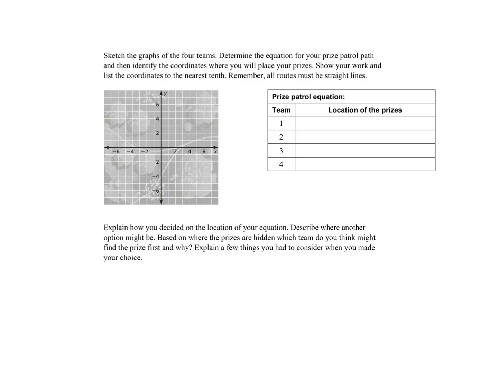So the first step is for you to go ahead and plot each team's path on the graph and then determine what your equation will be. Sometimes it might be easy just to do a vertical or a horizontal line, y equals or x equals. If you wish to do a sloped line, you can do that.